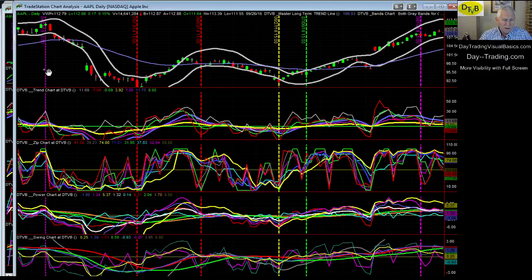So in this case here on the pink line over here, your trend gray is highest, and they're divergent because trend red is going down.